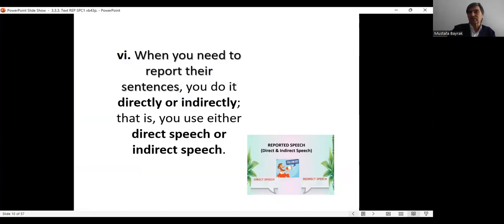When you need to report, if there is a necessity to report their sentences or your own sentences or some other people's sentences, you do it either directly or indirectly. That is, you use either direct speech or indirect speech.